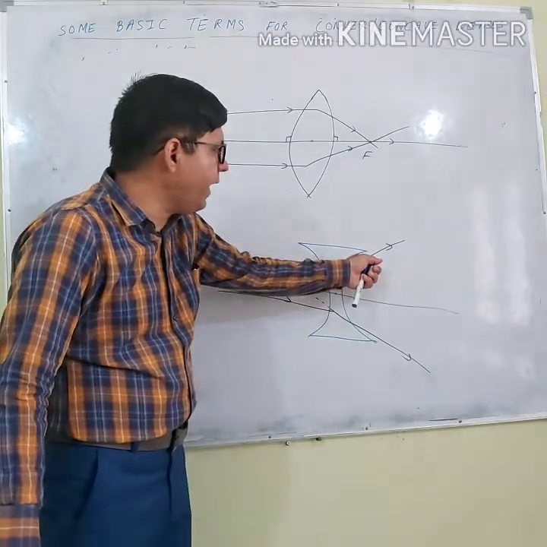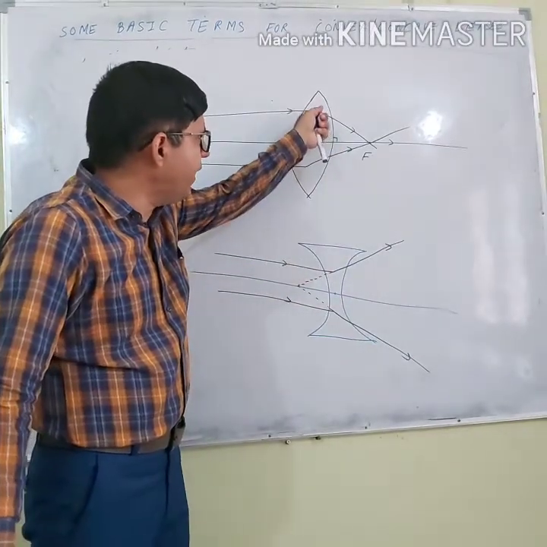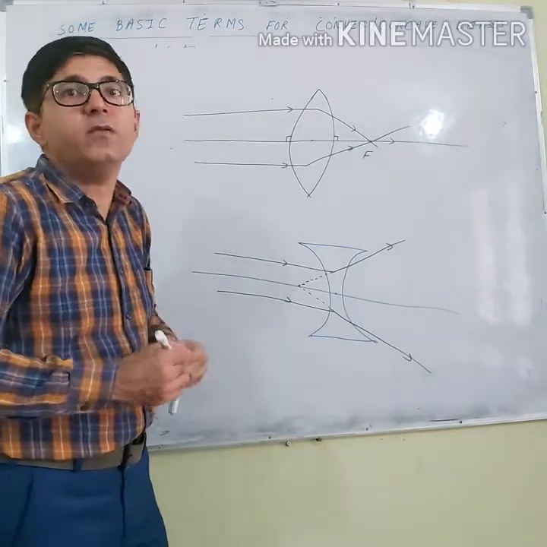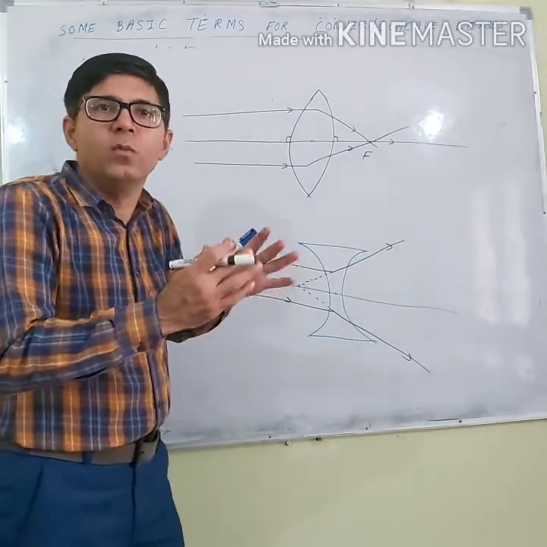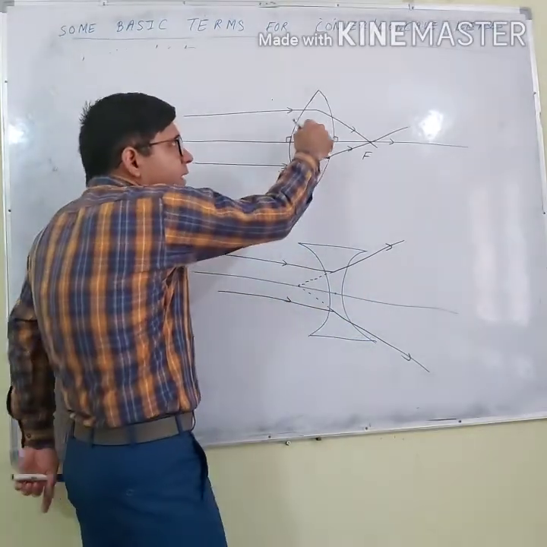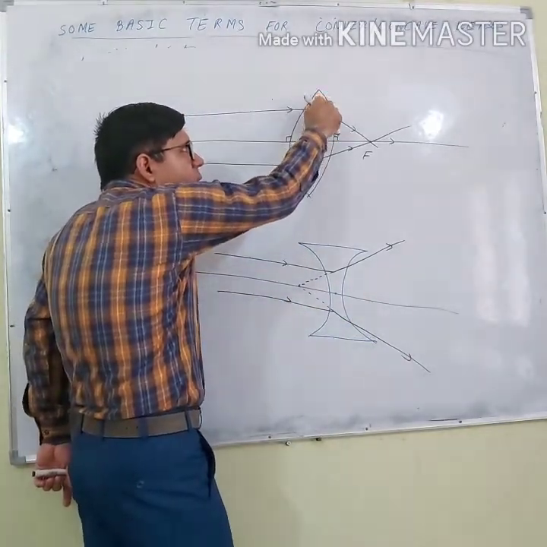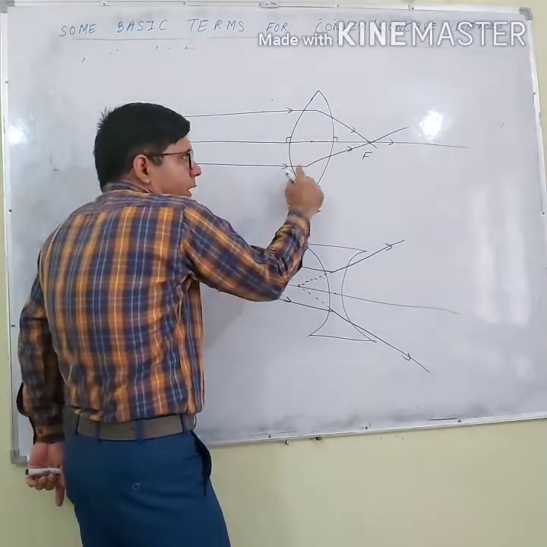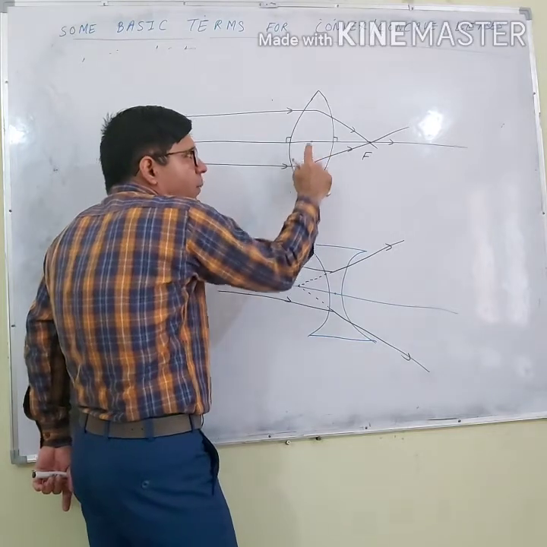Why are the rays of light moving upward, and why in this case is the ray of light moving downward? It is because rays of light always move towards the area of more thickness. Now thickness is increasing as we move from the edges to center, so the rays of light are moving down. Here this ray of light is moving up. Why?